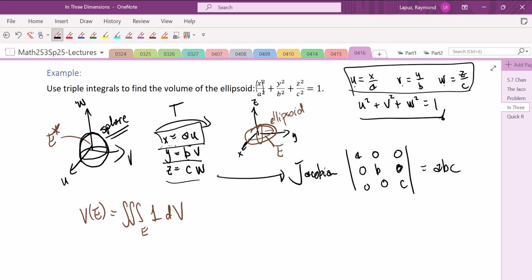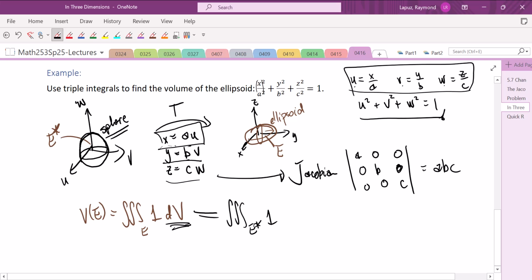The change of variable tells us that this should be equal to the triple integral over E star of 1, and then our dV will include the Jacobian, which is abc, times du, dv, dw in whatever order we want.